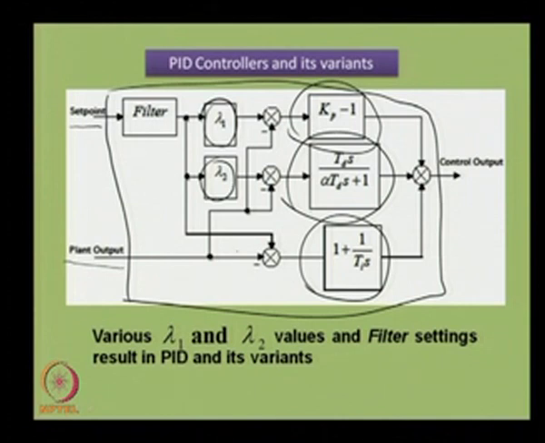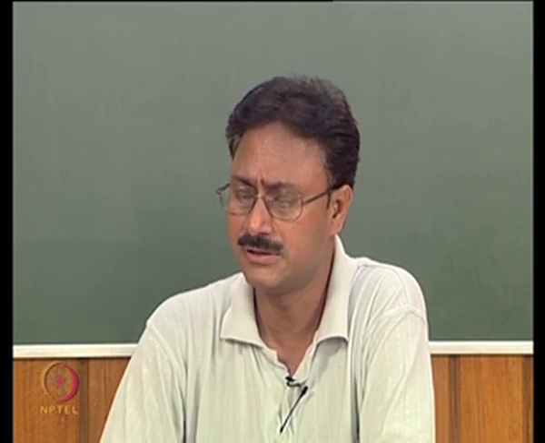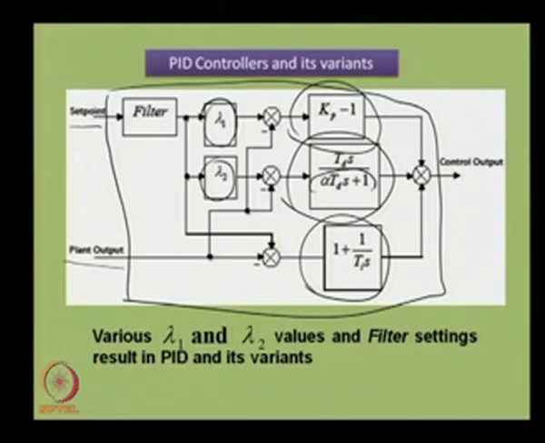Now, why do we have the PID controller in this typical form? The main reason is that we have some important effects generated by a PID controller. Those are derivative kick and integral windup. Those two actions are not desirable in real time systems. Therefore, we have a derivative filter along with the derivative controller.